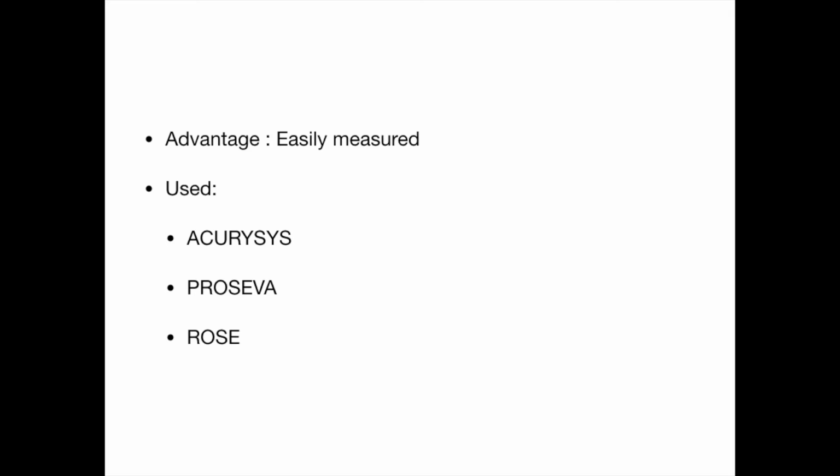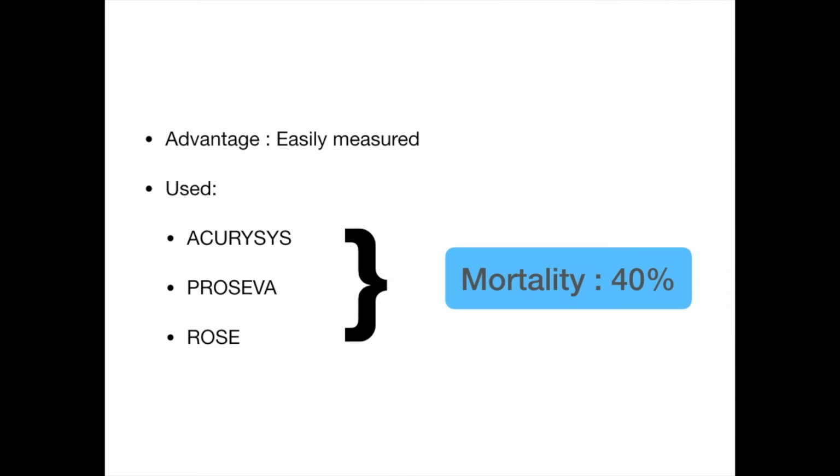The best part about this is that it can be easily measured, and we have already seen in trials like ACURASYS, PROSEVA, and ROSE that if we look at the severe ARDS population, then the mortality is around 40%. So it is actually a good marker for prognostication.